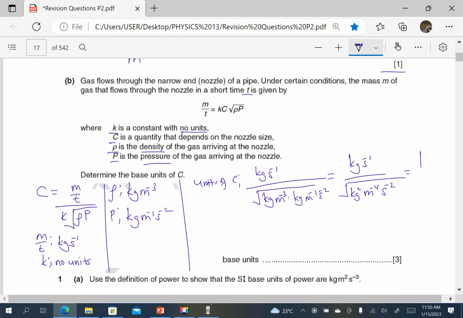Which is going to be kilogram per second divided by square root now. That is kilogram. Square root of m power -4 is m power -2. Square root of s power -2 is s power -1. So s power -1 cancels out, kilogram cancels out. So you remain with 1 over m power -2, and 1 over m power -2 is the same as m power 2.